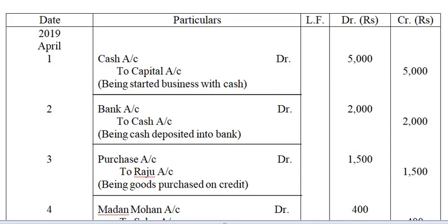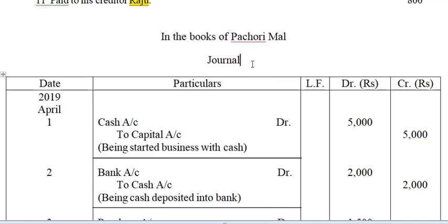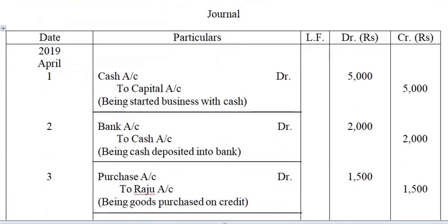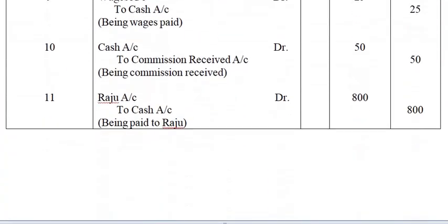Okay, and don't write journal entries out here. Some people write here journal entries. I don't know why they write journal entries out here. No, this is not journal entries. This is your journal. This entire set of book, what you have prepared here, is known as your journal.